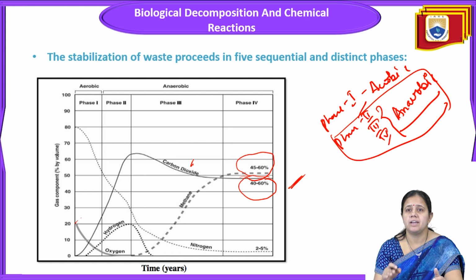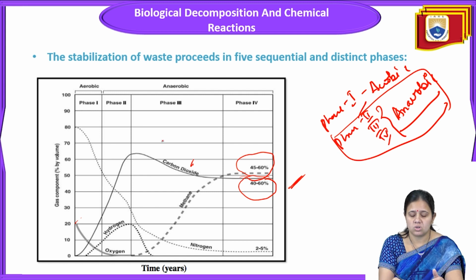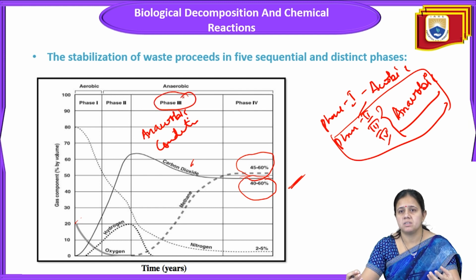But when it enters phase 3, the oxygen is very less; in fact, no oxygen will be there, so an anaerobic condition is formed. In phase 3, an anaerobic condition has been created.